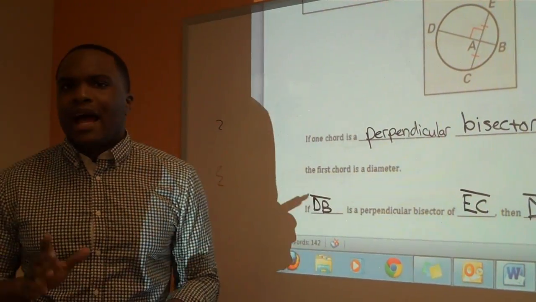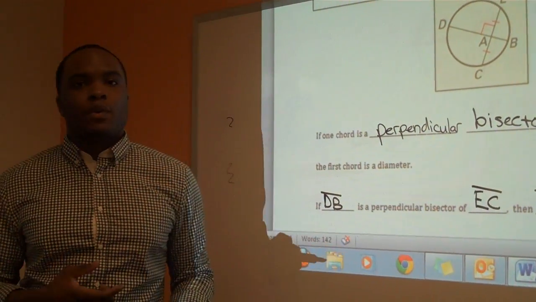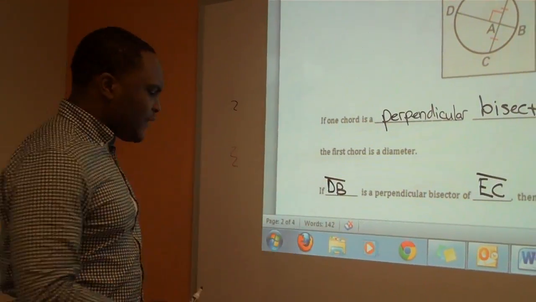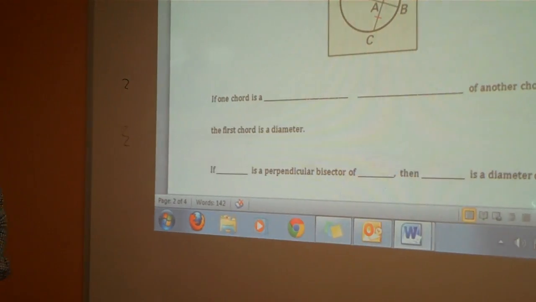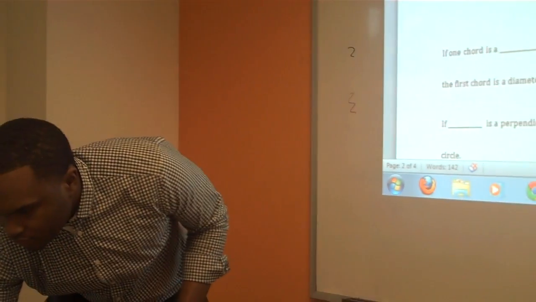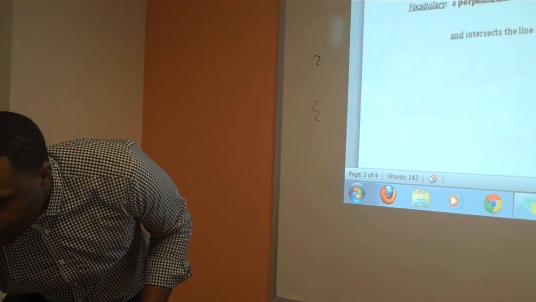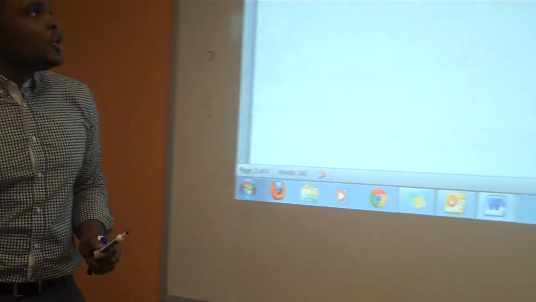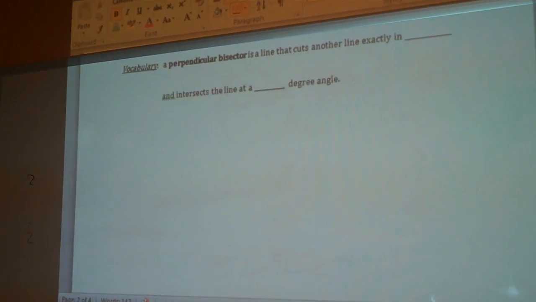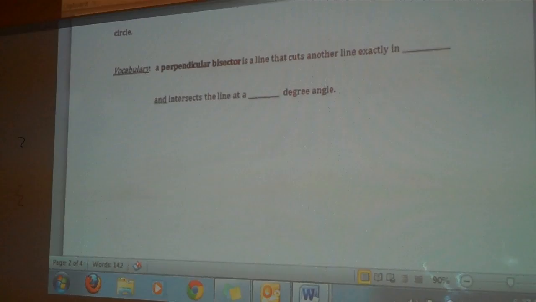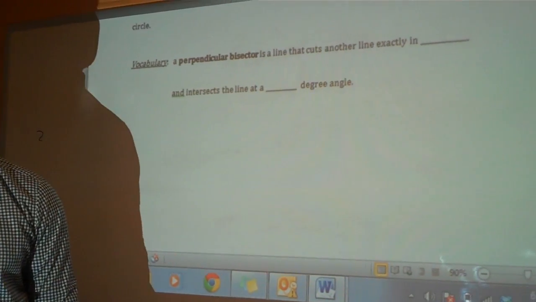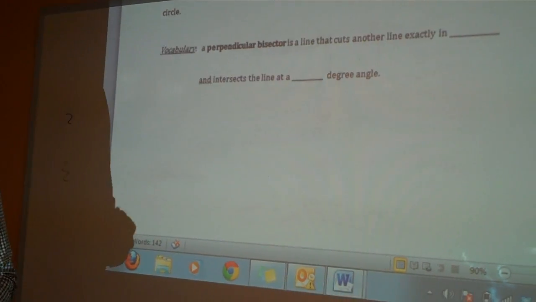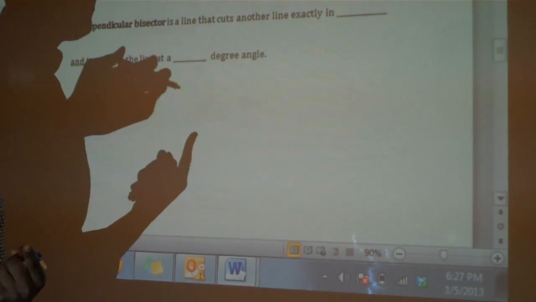So I actually want to go back and make sure we understand what a perpendicular bisector is. So follow along. I'm going to go down the page. Point blank, simple, a perpendicular bisector is a line that cuts another line exactly in, what does it sound like?